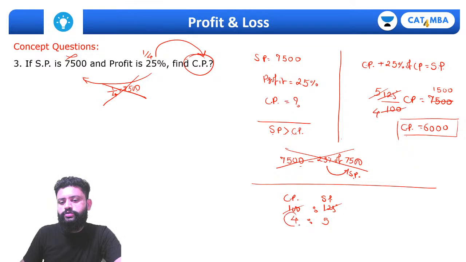So if the cost price is 4, selling price is 5.